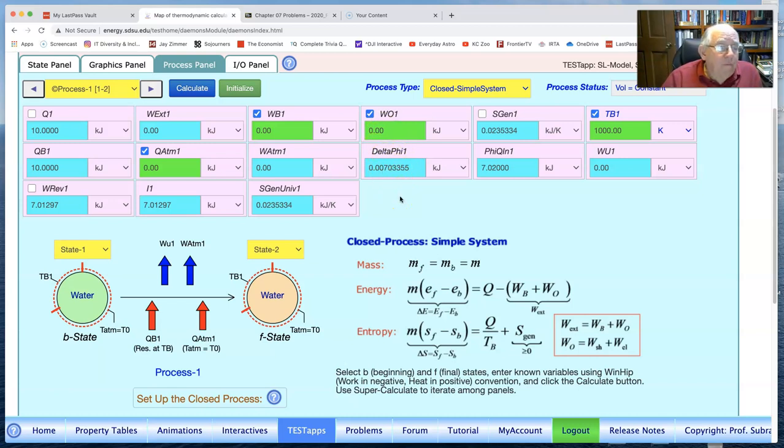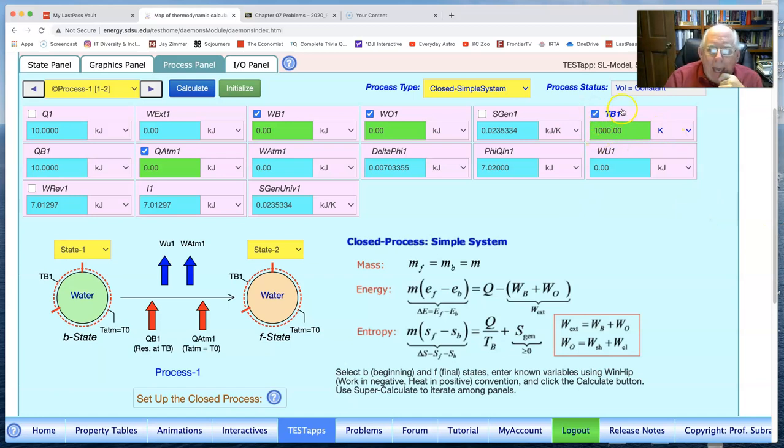Now, what we haven't answered was how much exergy was transferred in, the rate of exergy transferred in due to the 10 kilowatts, and we see that it's calculated right here. It is the phi change due to heat transfer. And so for this particular process of 1, it is this value right here. And so that would actually just be equal to the 10 kilowatts times the 1 minus T0 over 1,000.